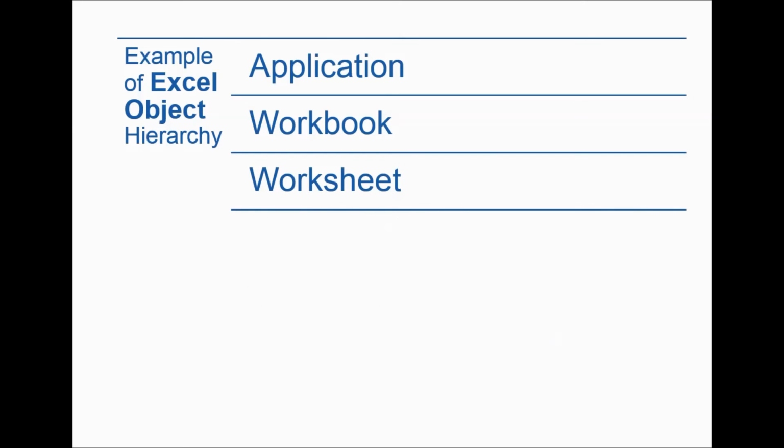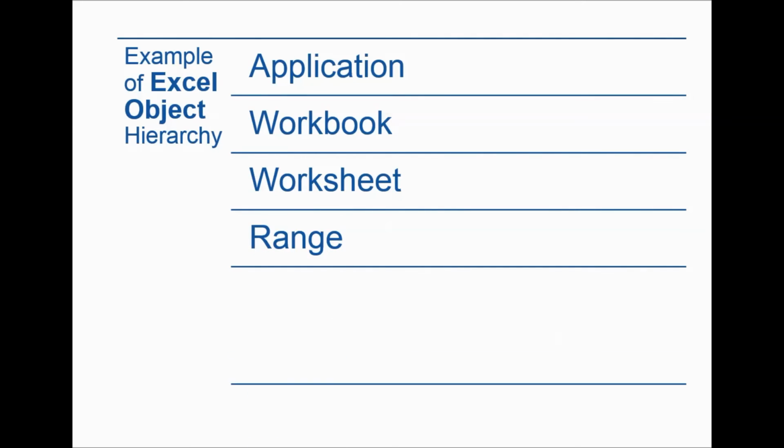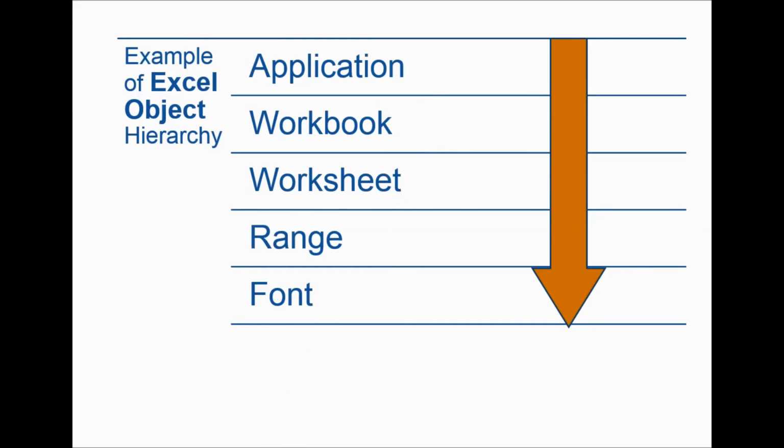Then we have the worksheet. And of course, after that, we have a range or a cell and then font. So it goes down like this. You mention or invoke the application first, then workbook, then worksheet, then range, then font, etc. So this is the hierarchy of the application, and that is how it will be used.